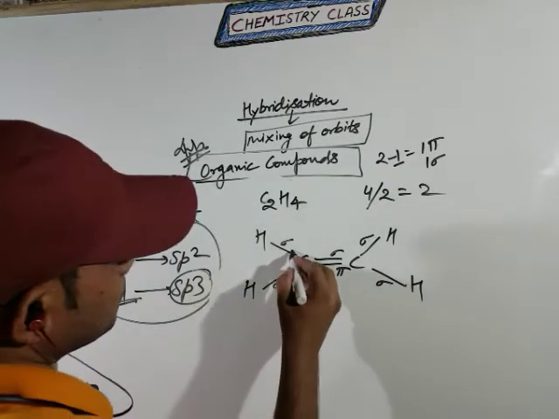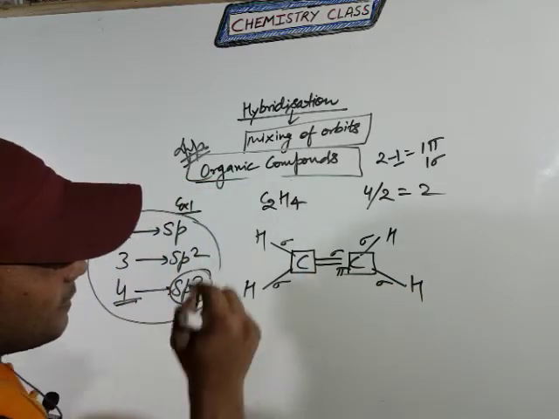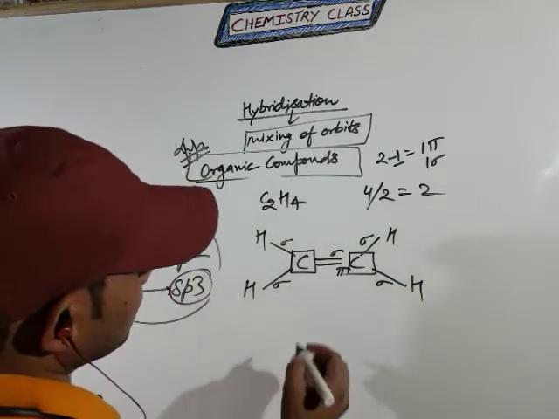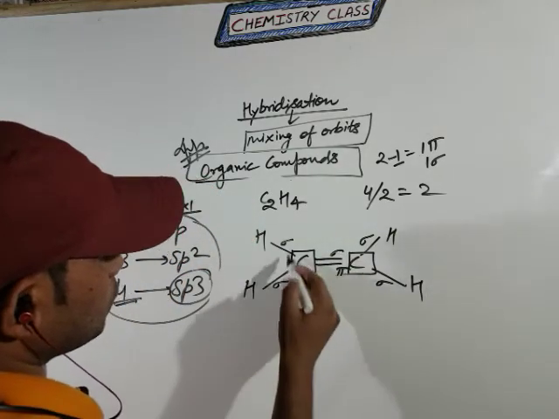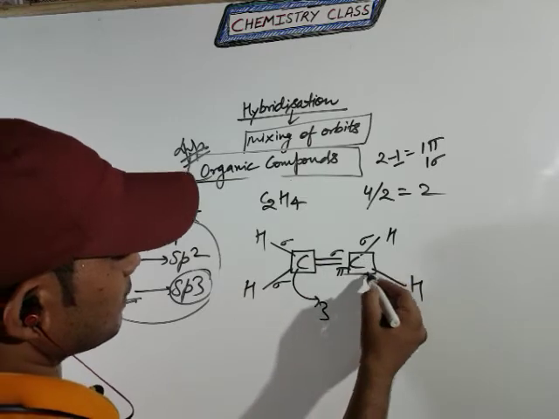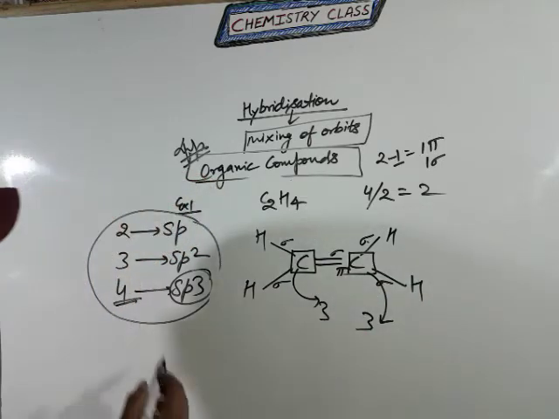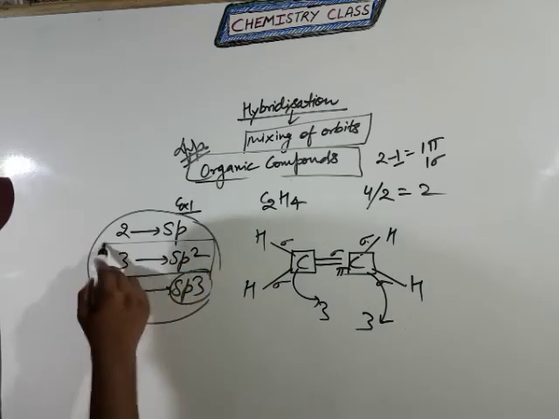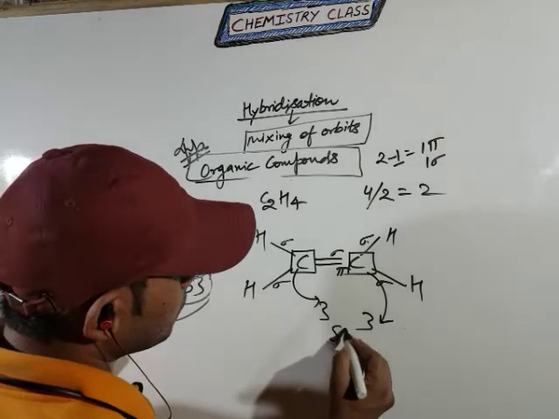So first you mark the central atom. This is our central atom. In this case you calculate the nearest sigma bonds: 1, 2, 3. And in this case also how much? 1, 2, 3. Clear? So for the 3 sigma bonds, the hybridization is sp2.